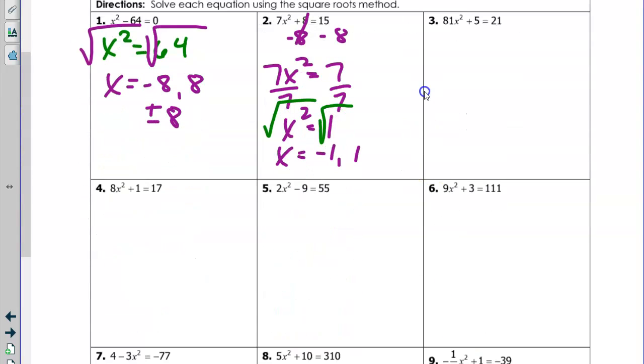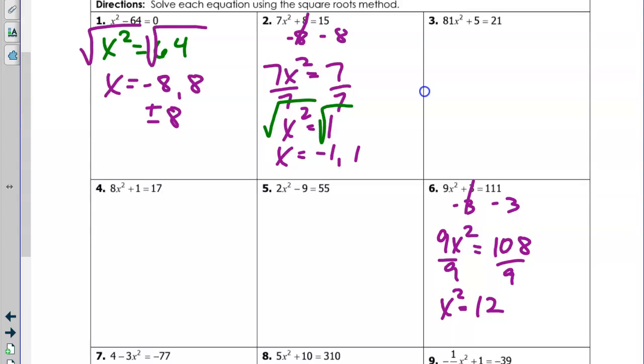Number 6, what do I do first? Minus 30. Very good. 3 cancel out. 9x squared would equal 108. 108 divided by 9. What would I get there? Good.